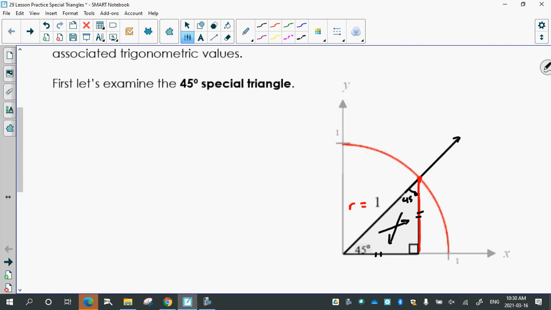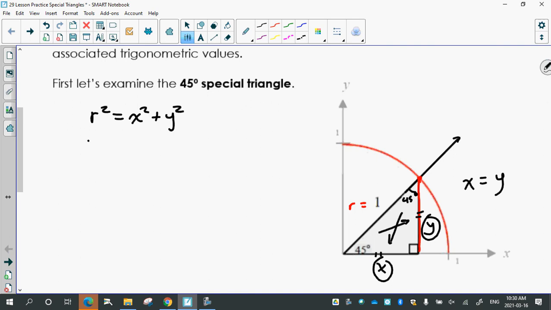Does everyone agree that it's a right triangle, so it satisfies Pythagorean theorem? So I can use r squared equals x squared plus y squared, where this is x and this is y. But in this particular triangle, what's special is that x and y are equal. Everyone good with that? Because it's isosceles, x and y are equal.